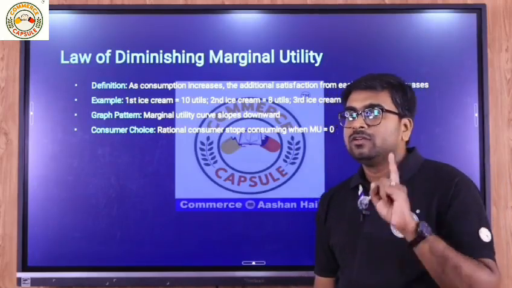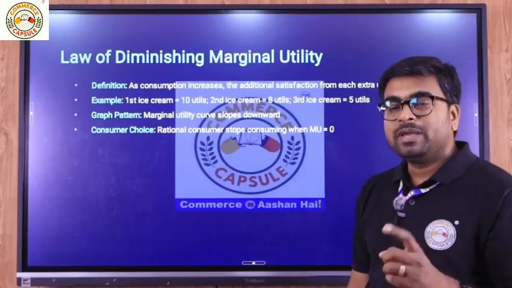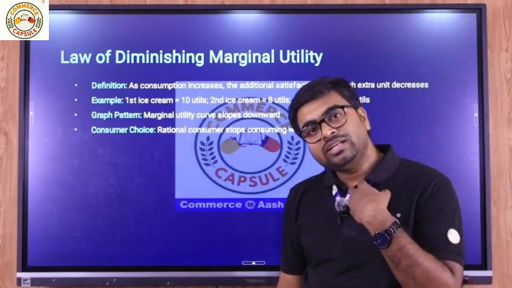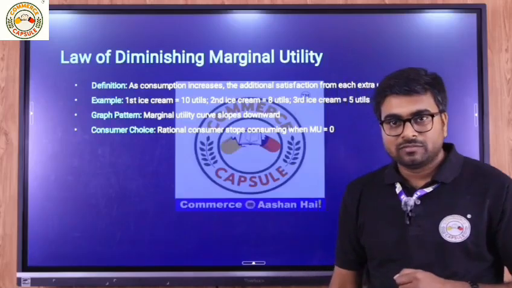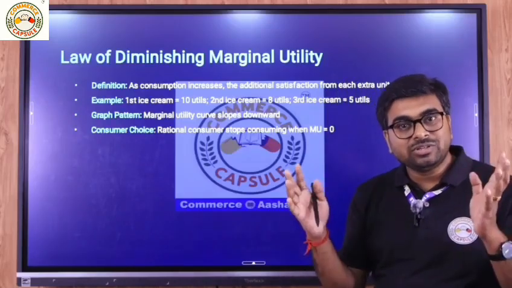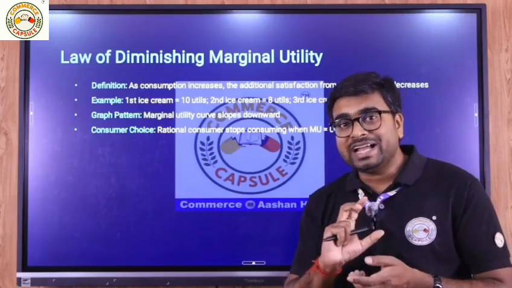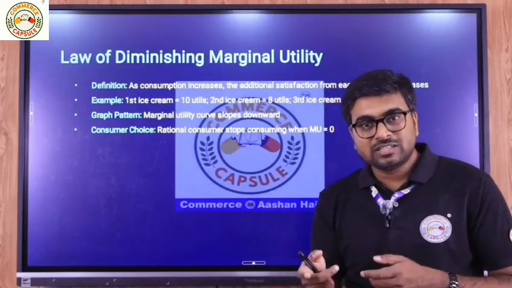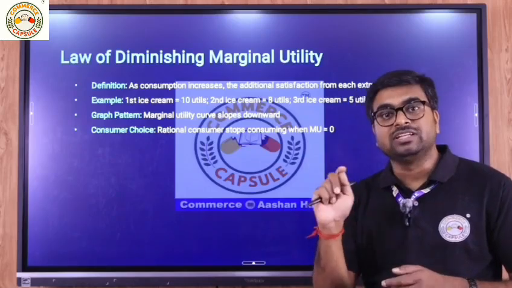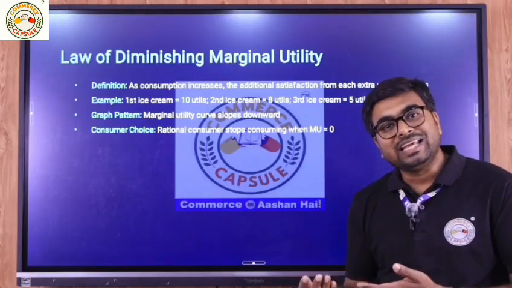Say for example, for the first unit of apples, maybe I will have 20 utils of utility. For the second unit, total utility is 35. So for the second unit particularly, my additional utility is 15 units. For the third, maybe 10.